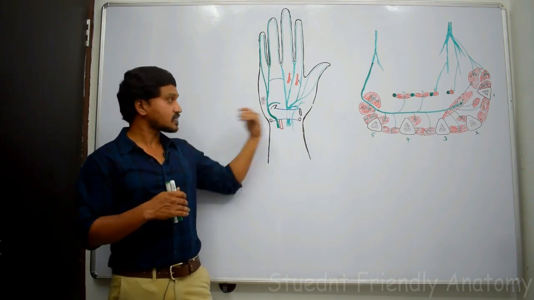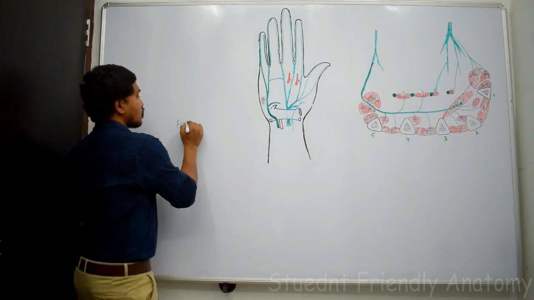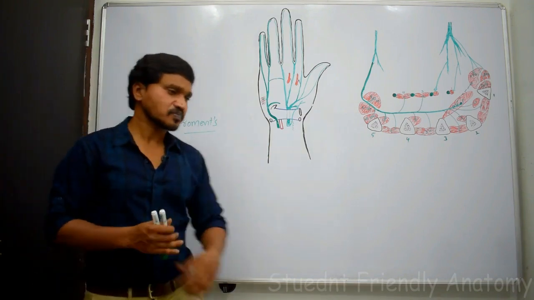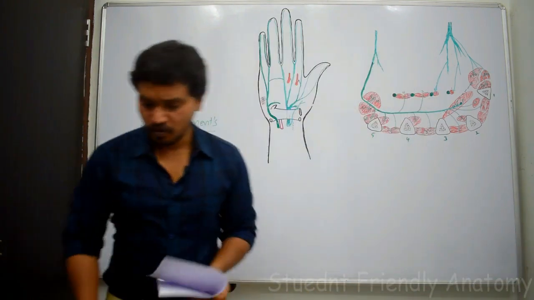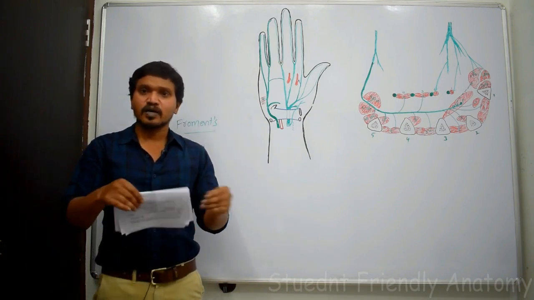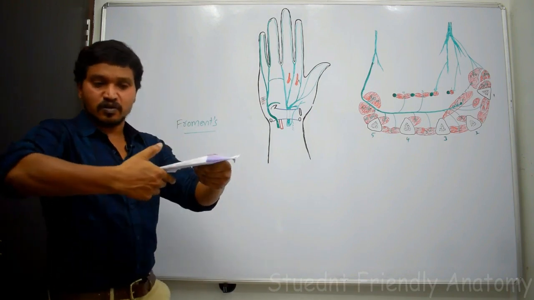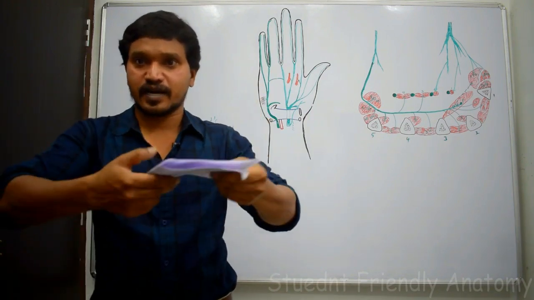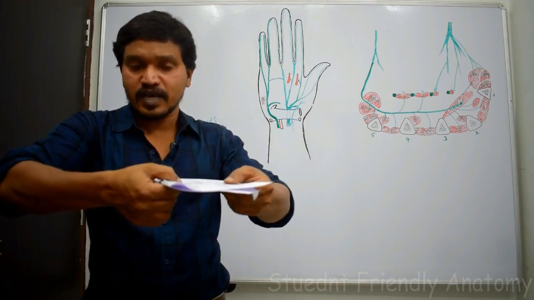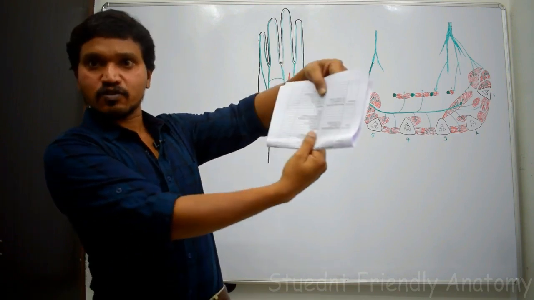Then what are the tests for ulnar nerve injury? One test is called Froment's sign. If we give one piece of paper or book to the patient, imagine this is the hand of the patient and this is the examiner's hand. The patient is holding the paper like this. If you ask the patient to pull the paper, if it is normal, we will hold like this and pull like this.